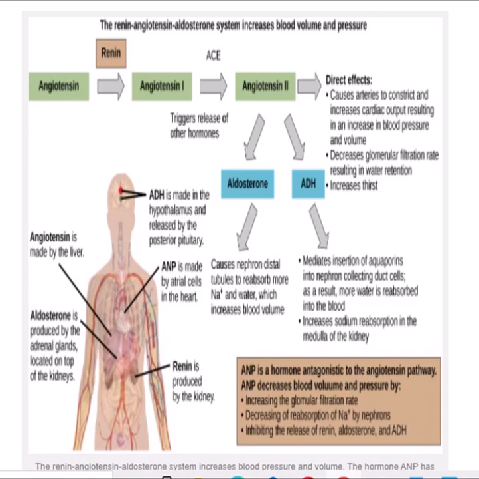Angiotensin 2 also triggers the release of antidiuretic hormone from the hypothalamus of the brain, leading to water retention in the kidneys. It acts directly on the nephrons and decreases glomerular filtration rate. Medically, blood pressure can be controlled by drugs that inhibit ACE, called ACE inhibitors.